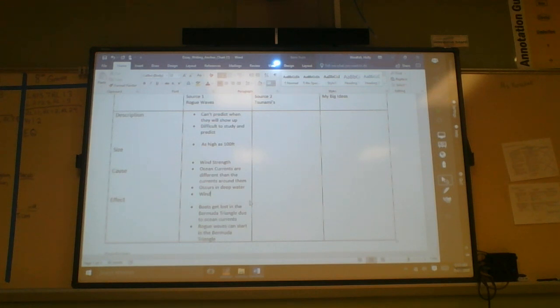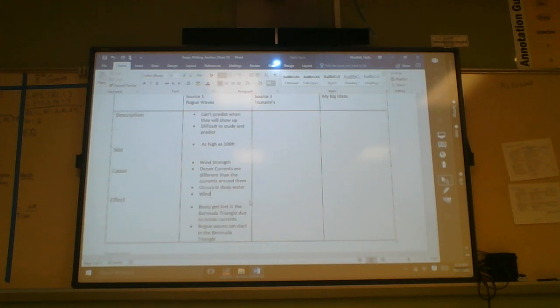Does that make sense? So when we're reading, we are annotating and underlining our text to look for the key ideas that connect to our graphic organizer. I have to compare and contrast rogue waves and tsunamis.